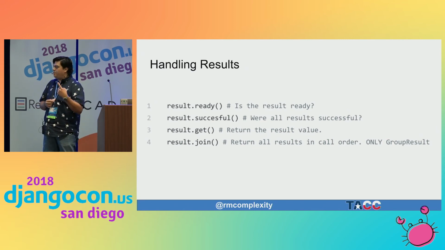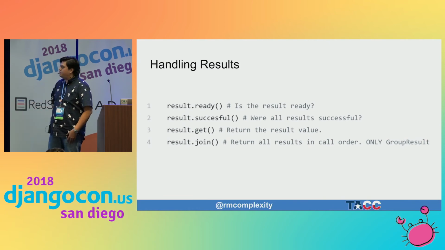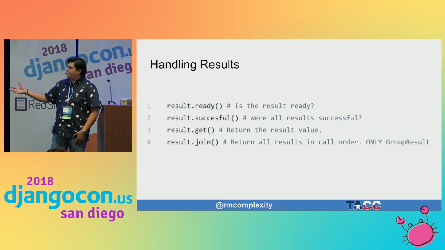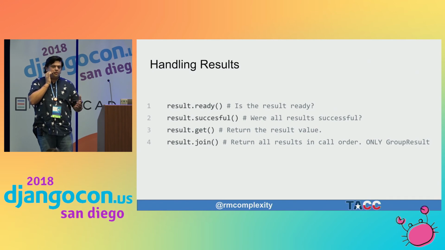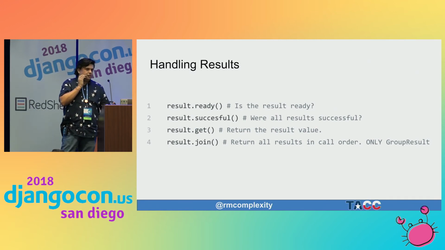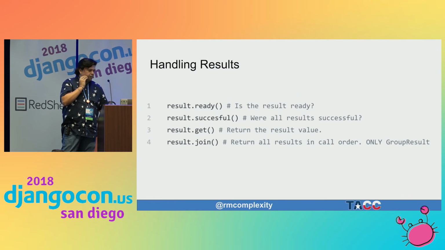It's either going to be one task, or if it's a group result, then it's going to check if every one of the results within that group was successful. Then whenever we have an async result, we can get the result, which is the method we can use to get the same thing as when we were accessing result.result.